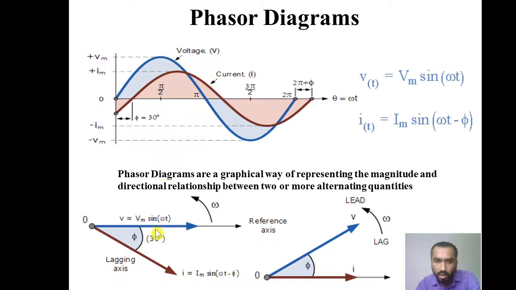So for lagging we draw it 30 degrees in the downward direction. In this figure we take current as the reference, meaning this is 0, and from here voltage leads current by phi, in this condition 30 degrees. So you draw the voltage in the upward direction at 30 degrees.